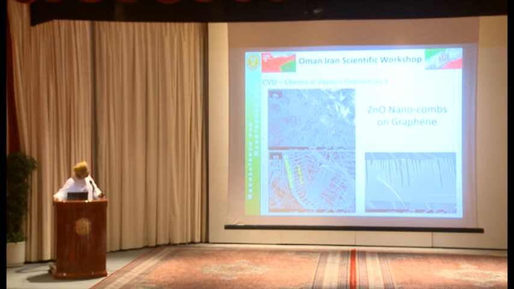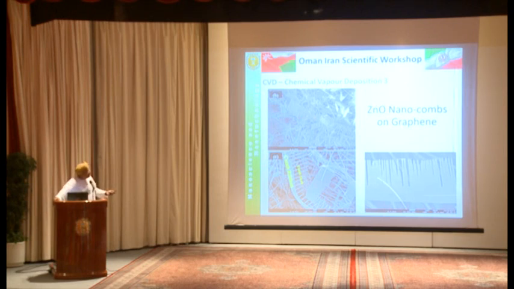This is something, I would say, straight out of the laboratory, very recent. What we've done here is grown zinc oxide nanowires on graphene. This is also very recent work. Only a few people have published it around the world.